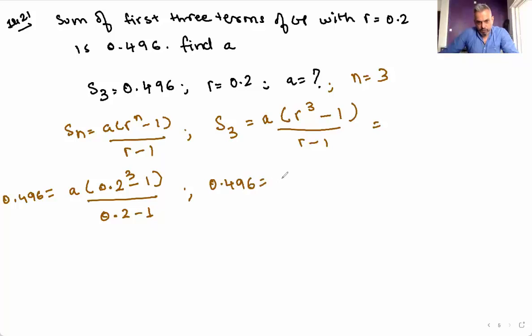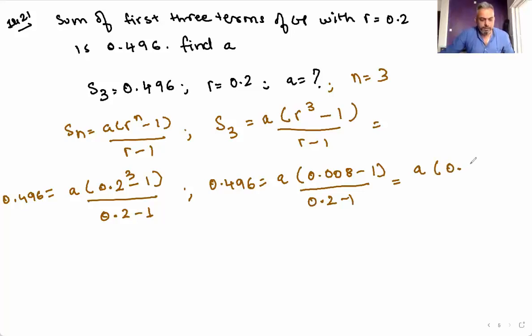So now 0.496 is equal to A into 0.008 minus 1 upon R is equal to 0.2 minus 1, which is equal to A into 0.008 minus 1 is 0.992.